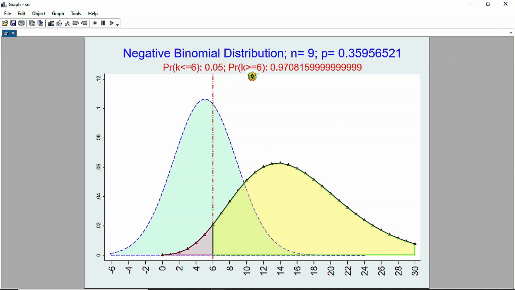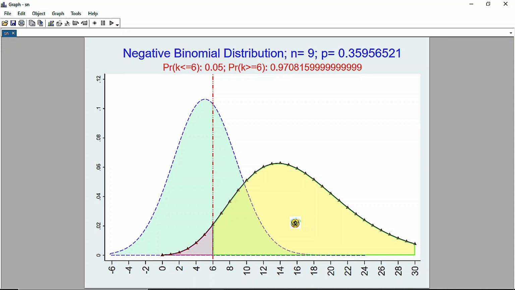But if our alternative hypothesis is k greater than or equal to 6, then the area or the p value is 97%. So we see that this yellow region is representing the 97%. So this k equals 6, inclusive of the probability of 6, we get this 97%. Now in this case, as this value is greater than 5%, we fail to reject the null.